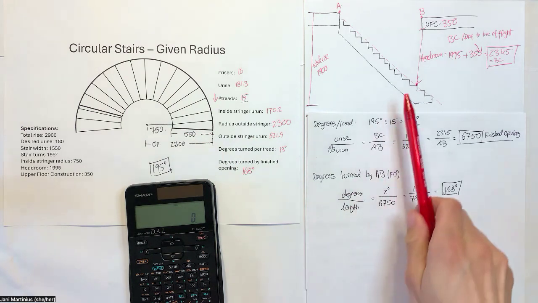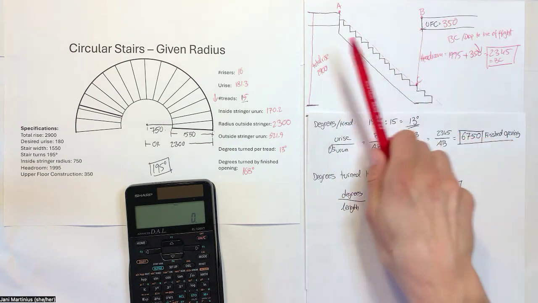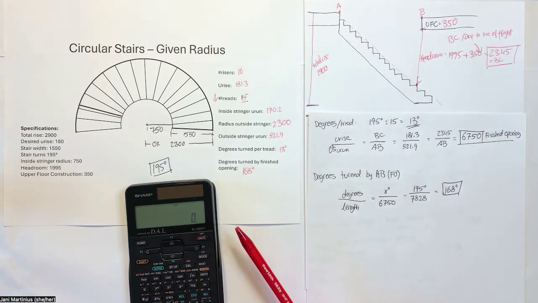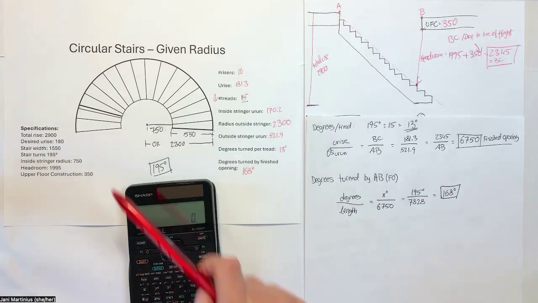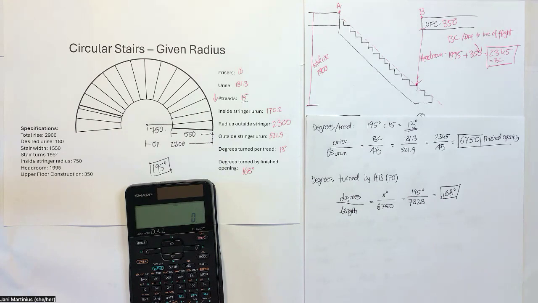For our finished opening, it's really important that you just draw this out again. Draw it on the flat in that elevation view, pop in all the numbers you have and what you're trying to find, and then it'll be much easier. And same here, if this isn't given to you, you can just draw it. It doesn't have to be beautiful, it doesn't have to be perfect, but it'll definitely make your life easier. And one more thing to remember is how to calculate the circumference.